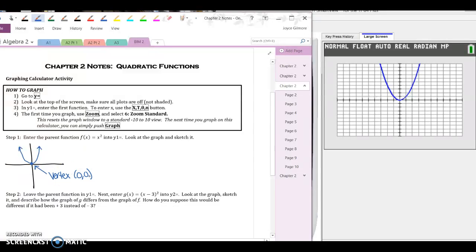Okay, a couple things to notice. This graph has a vertex, a place where the graph changes direction, at 0, 0. The picture that we sketched may not be symmetrical, but this graph is a symmetrical U-shape. Does anyone remember what this kind of graph is called?